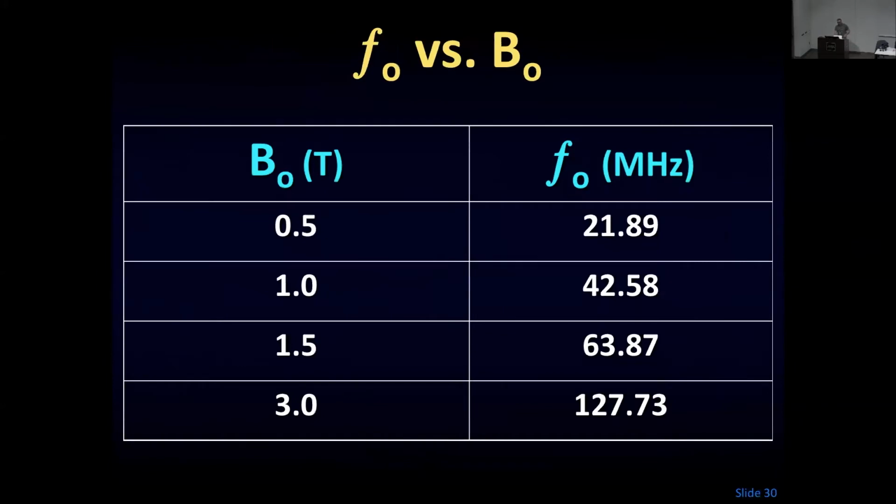In fact, here are 4 different magnetic field strengths, and here are 4 different precession frequencies. Basically what this means is that if you want to do MRI at 1.5 Tesla, you're going to be using radio frequency waves of about 63.87 megahertz. And if you want to do MRI at 3 Tesla, you're going to do radio frequency of about 127.73, because that's the precession frequency of the protons at that field strength.